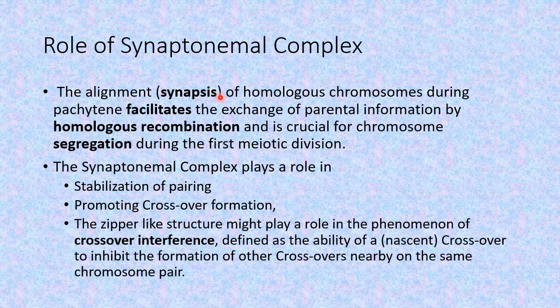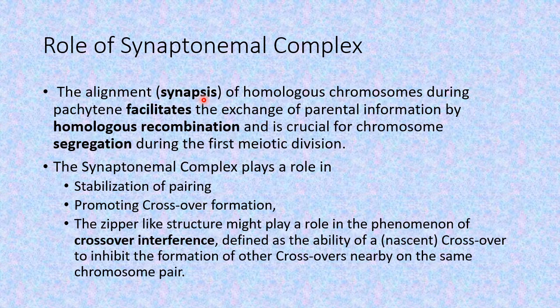And as we know, this homologous recombination is very essential, crucial for the generation of variations during the meiotic division, and for the segregation of the various genes, the Mendelian segregation of alleles, that is brought about by this homologous recombination.